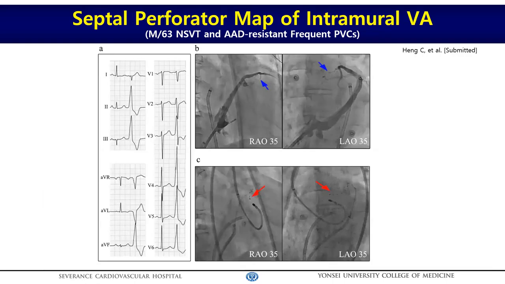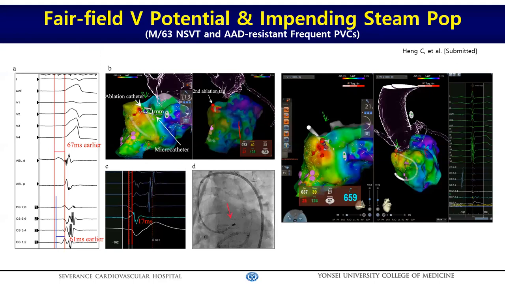This is a 63-year-old male patient with nonsustained VT. ECG shows early precordial transition and a small q wave in lead 1, suggesting some septal origin. So we have to be careful about the risk of heart block. We mapped the septal vein and the corresponding endocardial side using the transaortic approach.